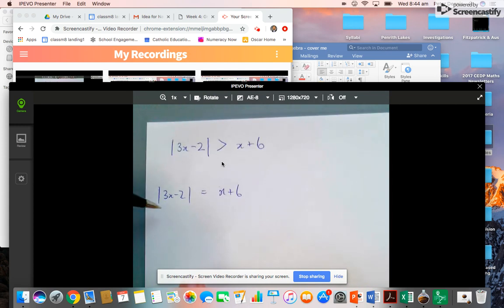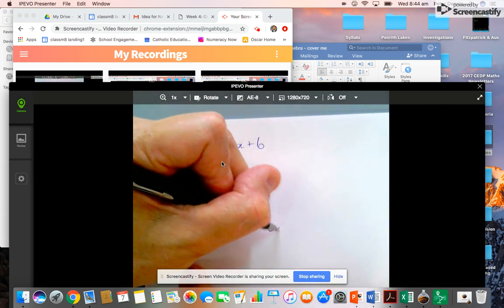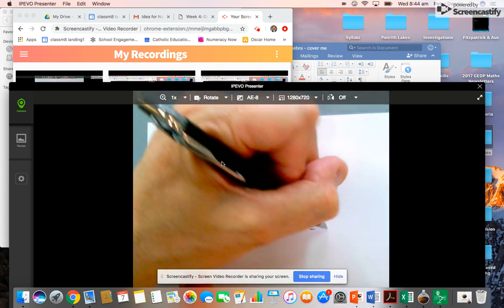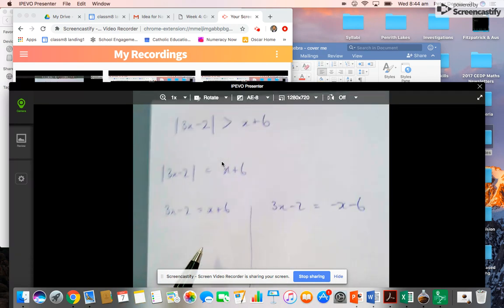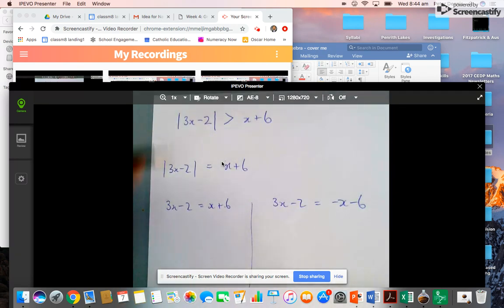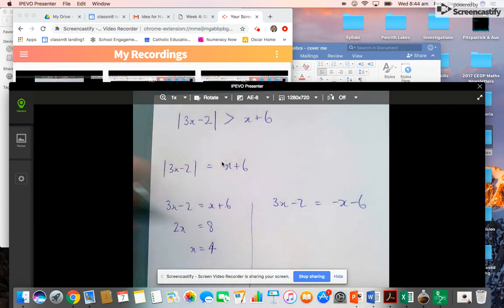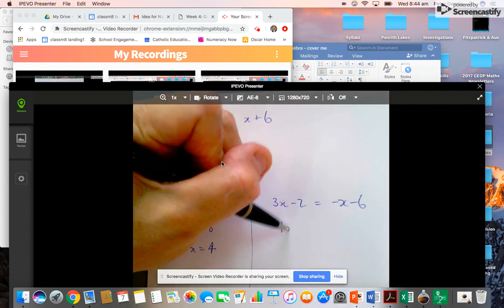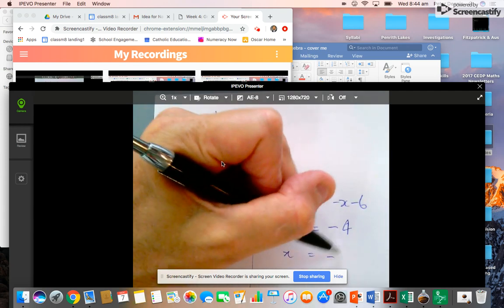So when we're solving the absolute value, this could be 3x minus 2 equals x plus 6, or 3x minus 2 equals minus x minus 6, the negative of it. Now these are linear equations, so they're quite easy. Take this over, you get 2x equals 8, so x equals 4. Take this over, you get 4x equals minus 4, so x equals minus 1.